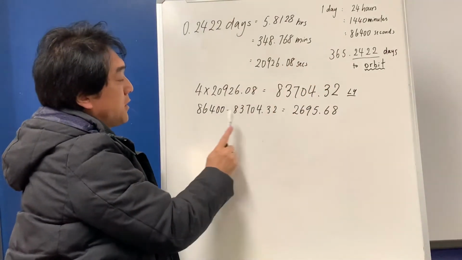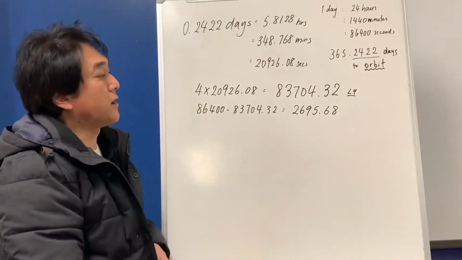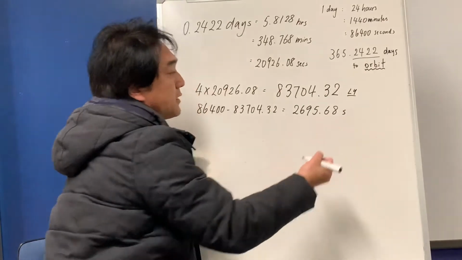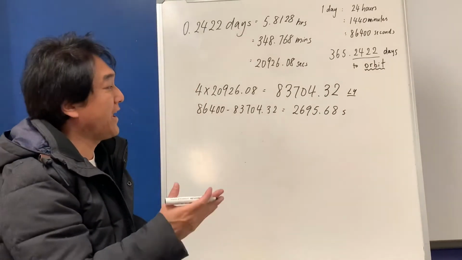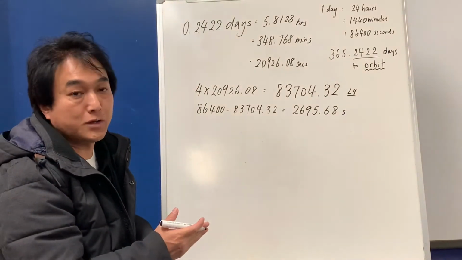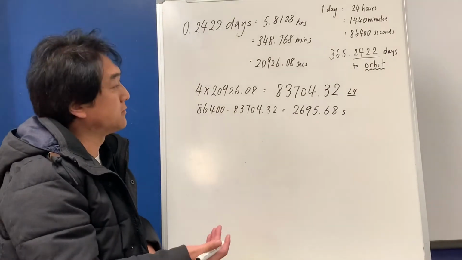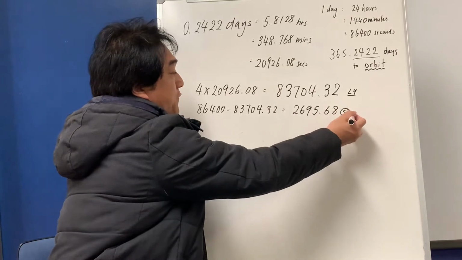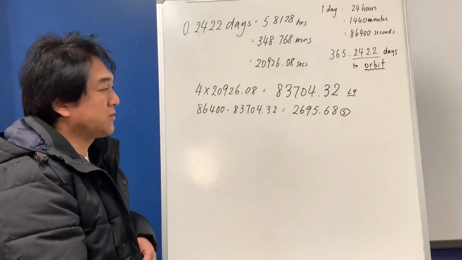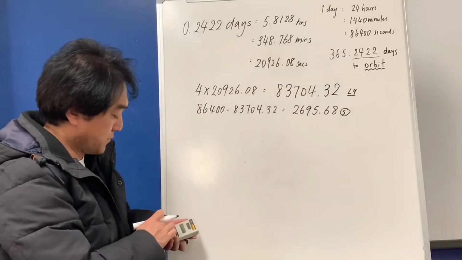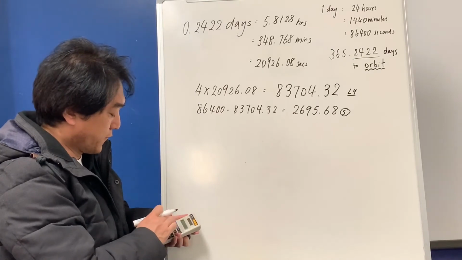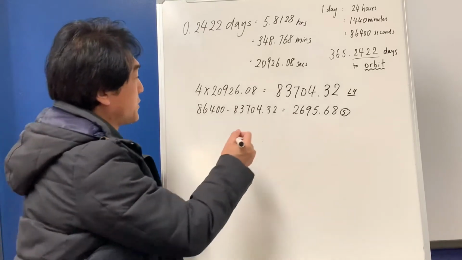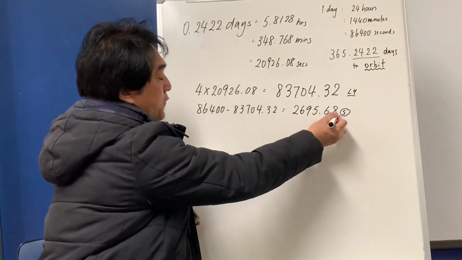So we have 2,695.68 seconds ahead every 4 years because we're adding too many seconds, or too much time. Let's quickly divide by 4. Divided by 4, 673.92. So this is every year we're ahead.